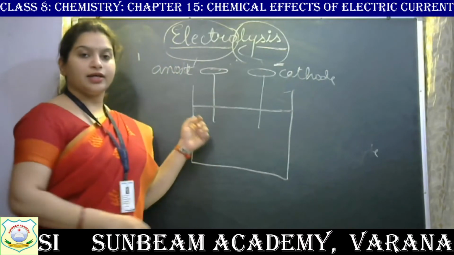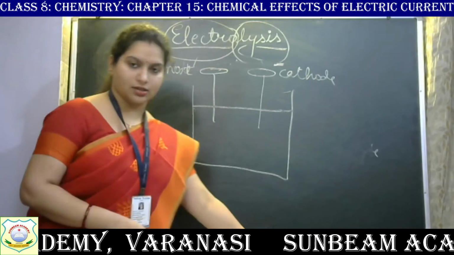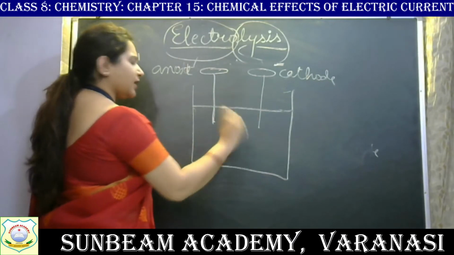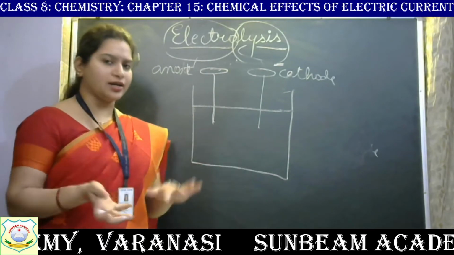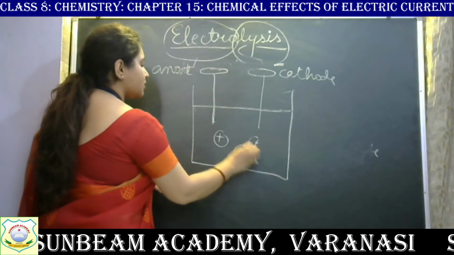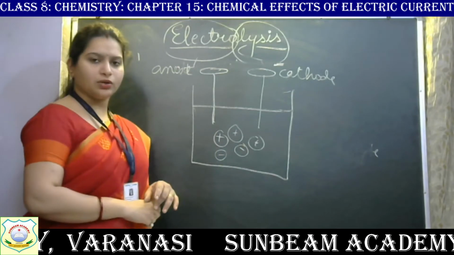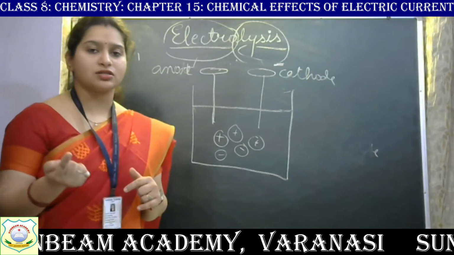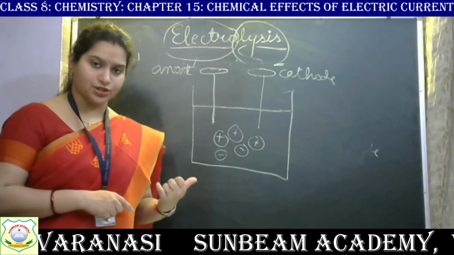Getting it? In electrolysis, what happens? Electrolyte breaks, isn't it? So if here we are having any electrolyte, it will be broken down into ions, positive and negative. So we have both positive charges and negative charges over here.